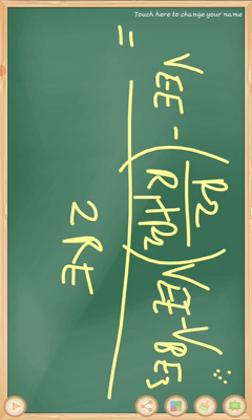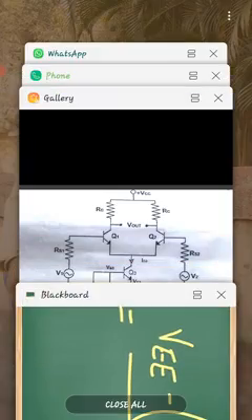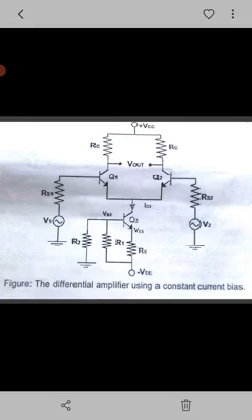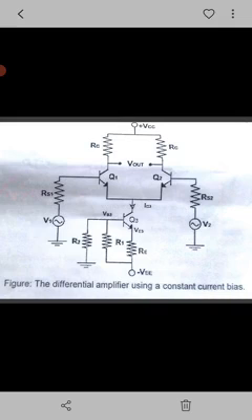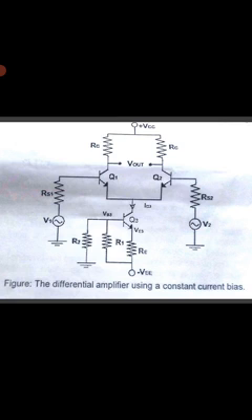As seen in the emitter current IE expressed above, the current depends upon the base to emitter voltage of the Q3 transistor, that is VBE3.